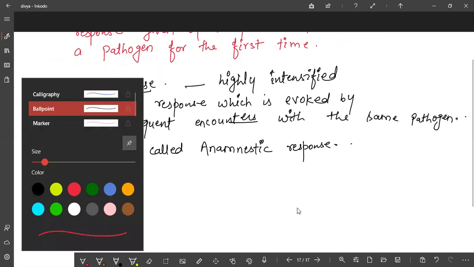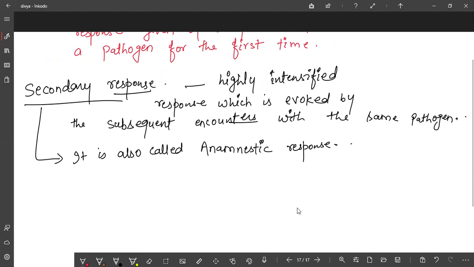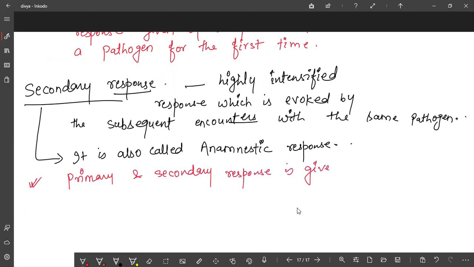And again, we will repeat that this primary or secondary response is given by B lymphocytes, and what is the other lymphocyte? T lymphocytes. So you can write this primary and secondary response is given by two special types of lymphocytes.